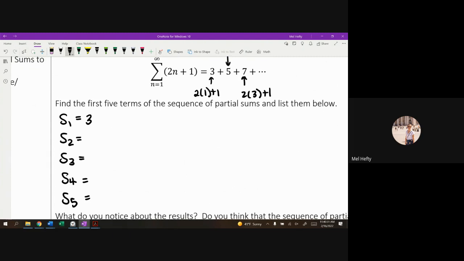The next term, I'm adding up 3 plus 5. I get 8. Next one, 3 plus 5 plus 7, and I get 8 plus 7 is 15. Will you quickly find for me, using your noggin or a calculator, S sub 4 and S sub 5?